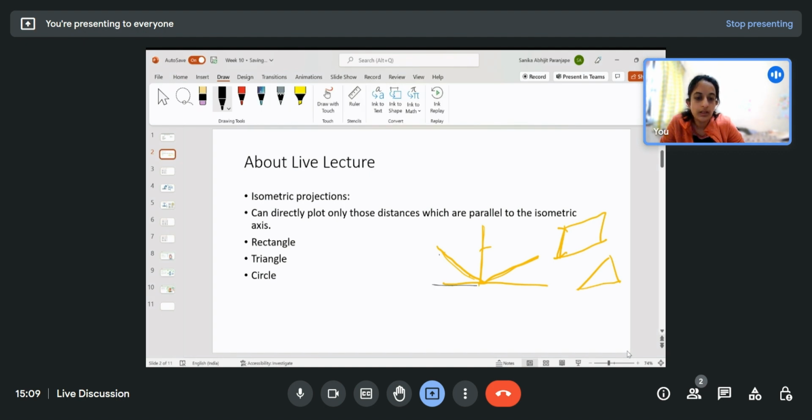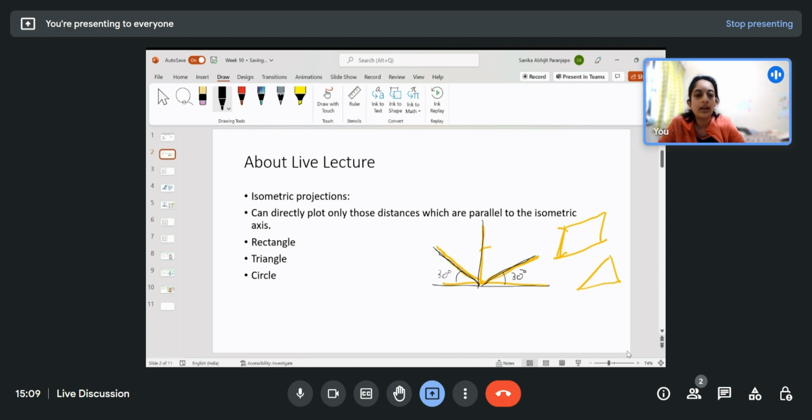This will be the baseline and two axes are at 30 degrees to the baseline, and whatever lines you can project as true lengths can be parallel to either this axis or this axis.